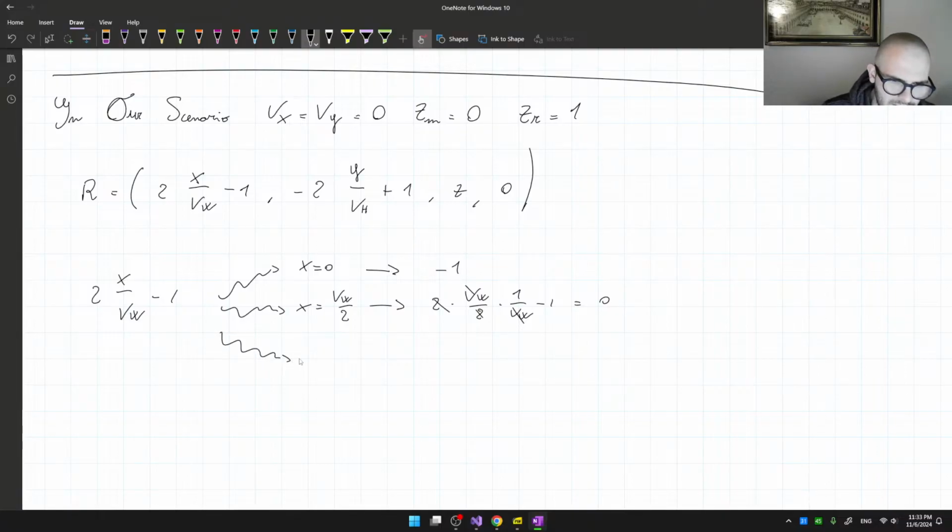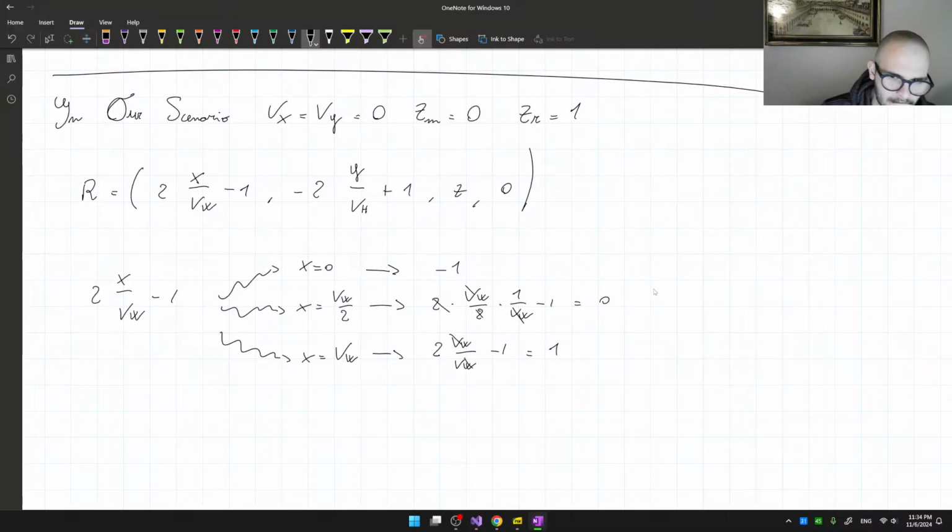When x is the view width, this becomes 2 times the view width divided by the view width minus 1, which is 2 minus 1, which is 1.